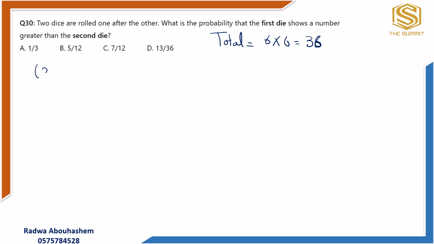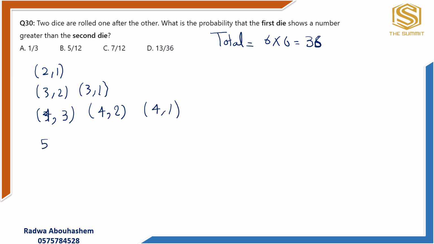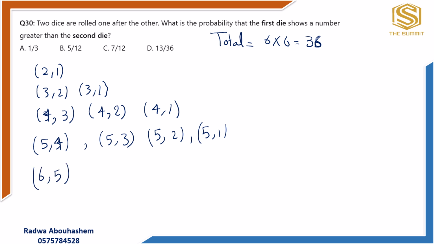So starting from 2, so 2 and 1, 3 and 2, and 3 and 1. 4 and 3, 4 and 2, and 4 and 1. 5 and 4, 5 and 3, 5 and 2, and 5 and 1. 6 and 5, 6 and 4, 6 and 3, 6 and 2, and 6 and 1.